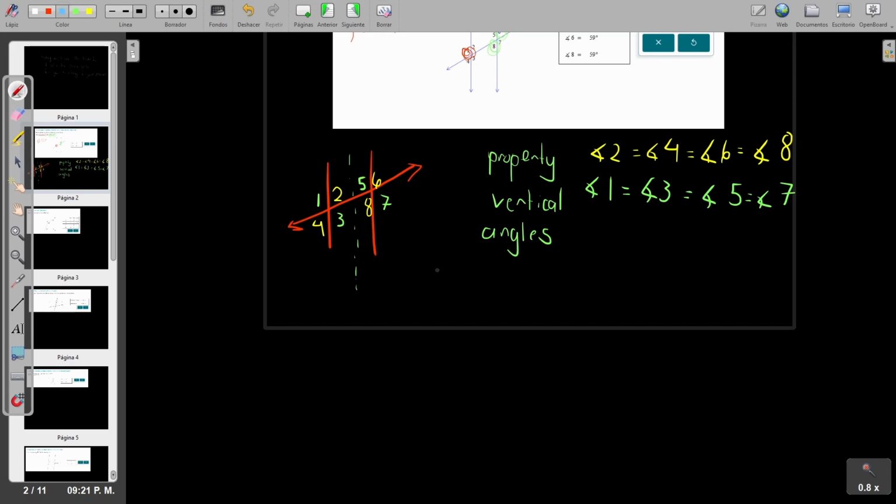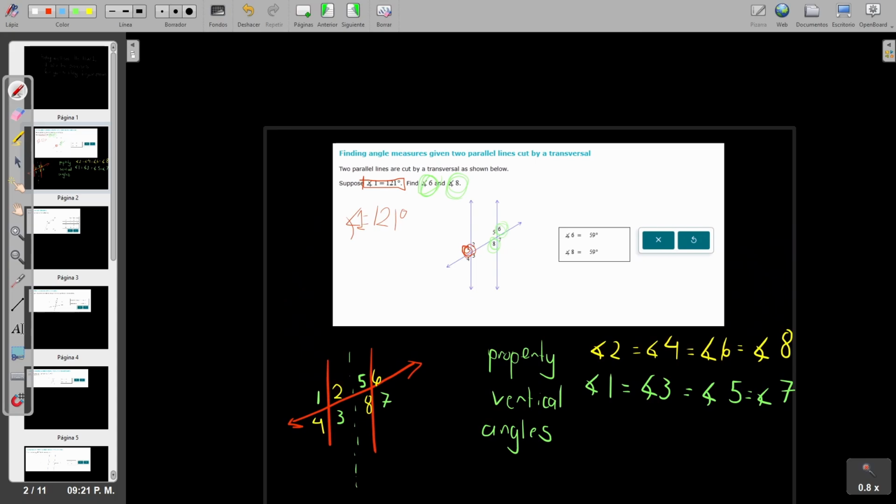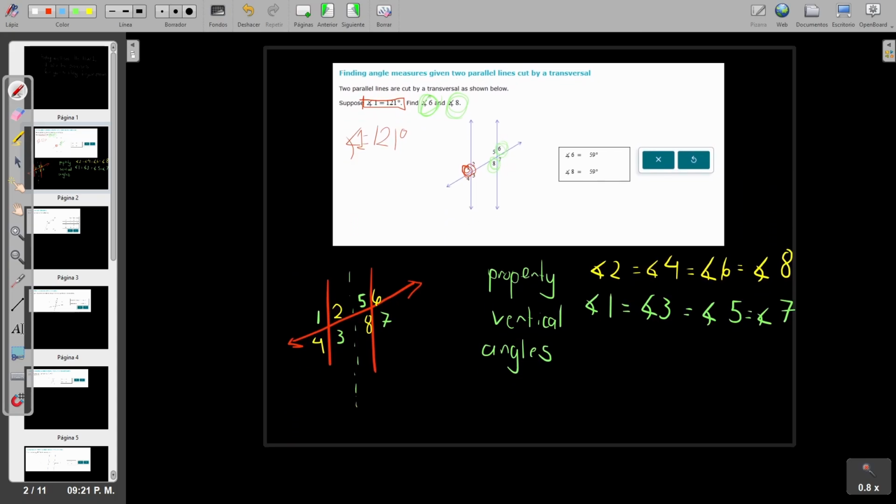Now, they are asking us to be solving for which angles? Remember, the first thing you need to notice is what are they asking of us to be solving for, because they're only asking us to solve for angle number 6 and number 8.